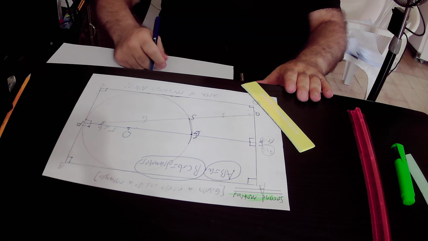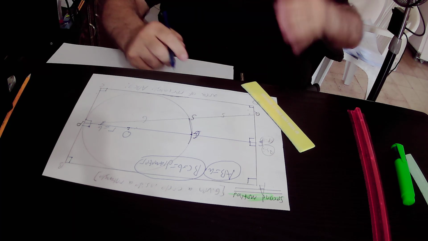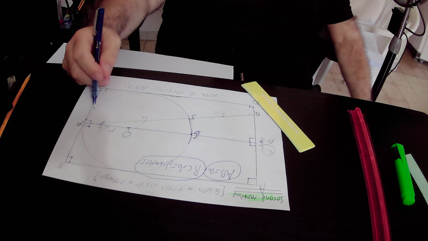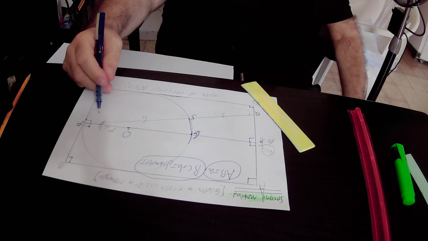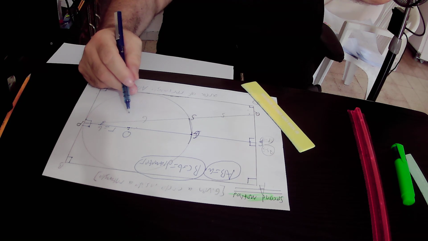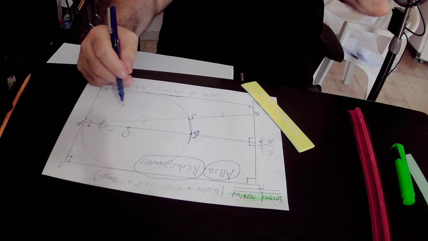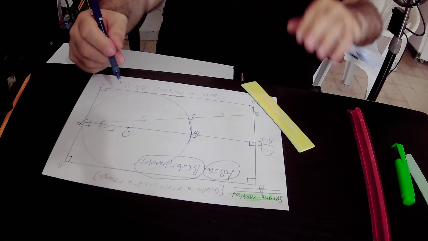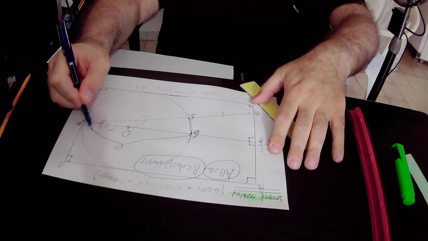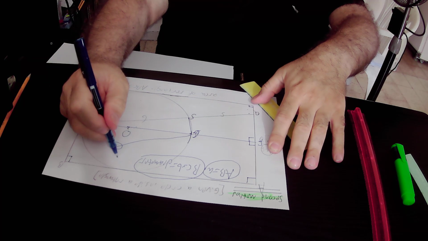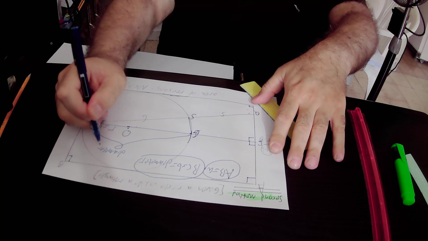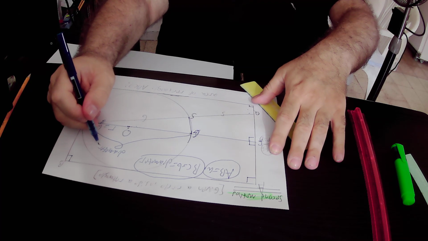What is the definition of chord GP? We know that chord GP passes through the center of the circle, that is point O. Any chord that passes through the center of the circle must be the diameter of the circle. So GP is the diameter of the circle, and the diameter of the circle equals B, according to what we have already found out.